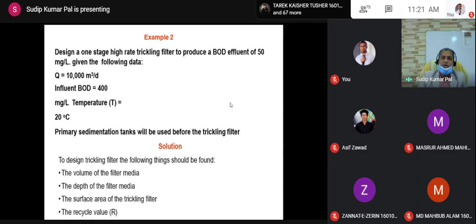Primary sedimentation tanks will be used before the trickling filter. What is the solution? To design the trickling filter, the following things should be found. What is the volume of filter media? This means total volume. Then the depth of filter media, the surface area of the filter, and the recirculation value. This means you know influent and effluent. Now you have to really design the system.